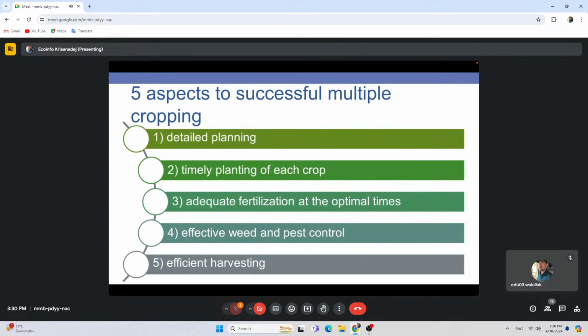So you time the planting period, and adequate fertilizer at the optimal time. So you make sure that whenever the corn requires the maximum nutrient, they have it, and the pea does not compete for the nutrient. So you time that. Effective weed and pest control and efficient harvesting.